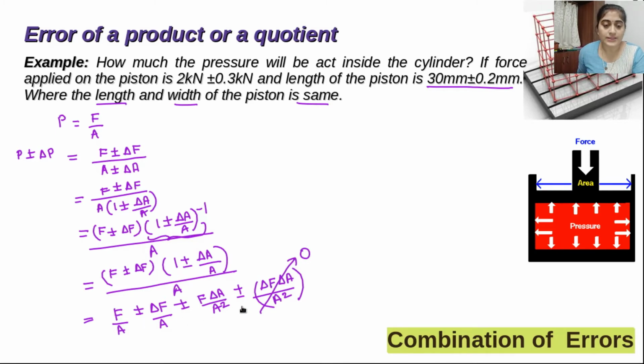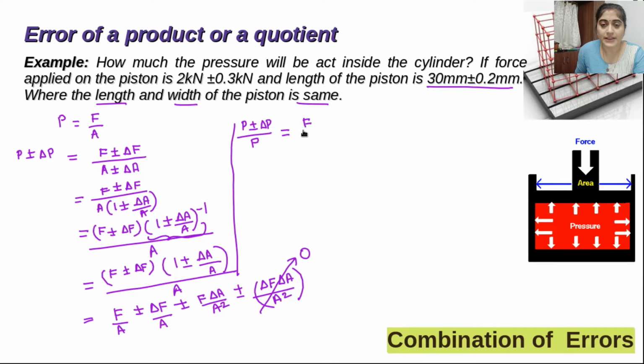Now for this, if I solve here, I can take P plus minus delta P, divided by P like this on both sides. So how can we write?